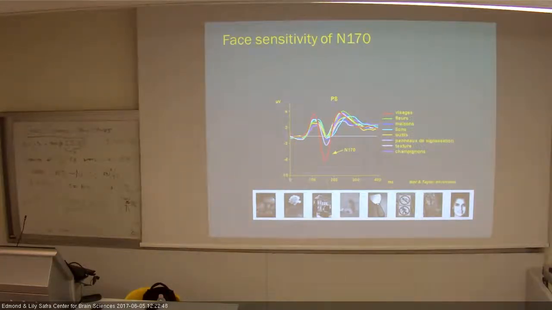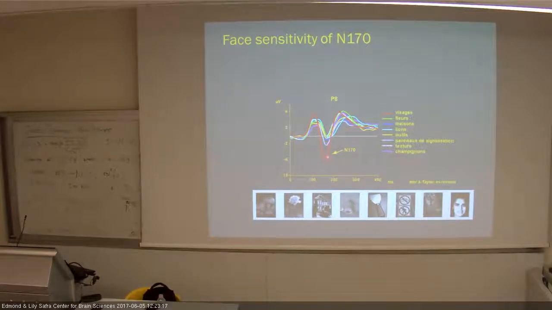But I put it in this context because we see here a response which depends on more elaborate processing, on categorization. Specifically, this is the response called the N170, which is actually a variation of the visual N1. So I told you last week that when you show a visual stimulus, you get a P1 response and then an N1 response.